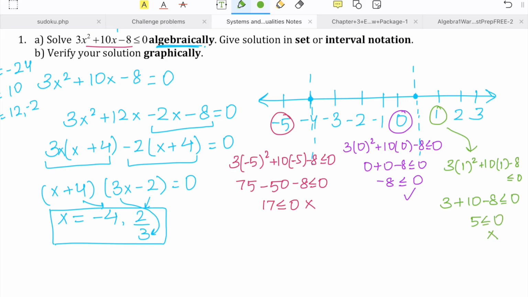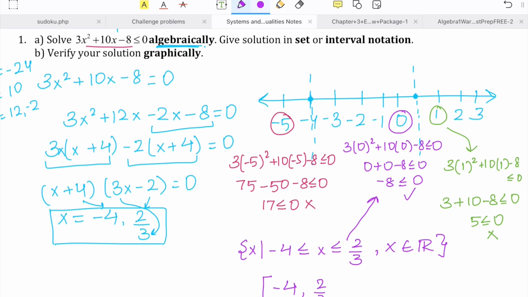So now I'm going to write my solution in set form. It'll be x such that x goes from -4, including -4, till 2/3, x belongs to R. You can also say [-4, 2/3].